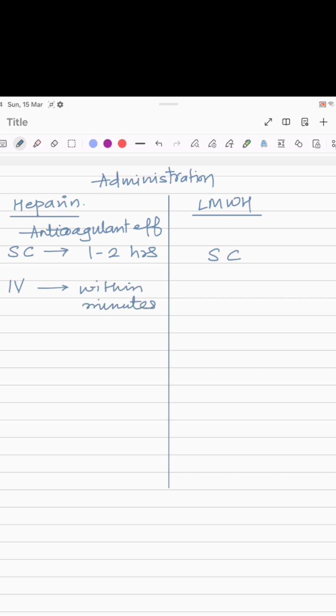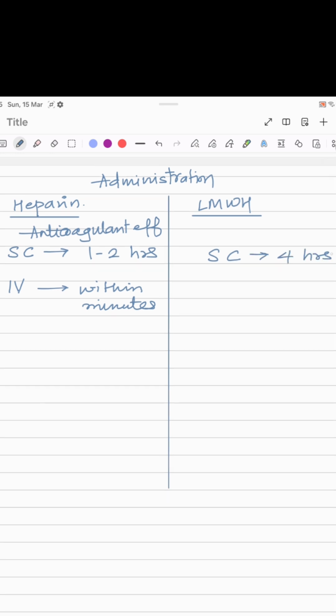And when low molecular weight heparin, that is LMWH, is given, it shows the anticoagulant effect within 4 hours of administration.